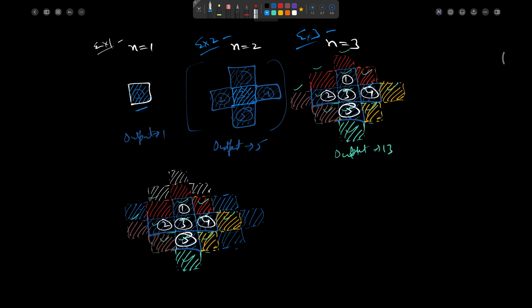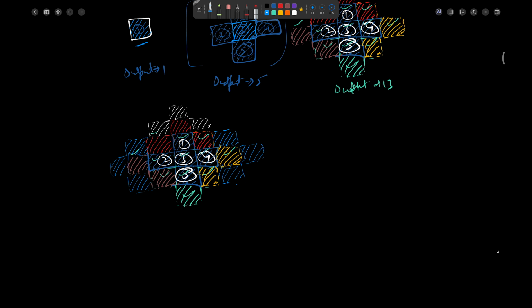For this square, we will also fill like this.